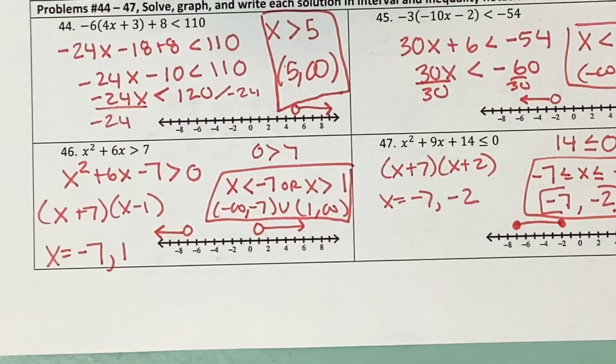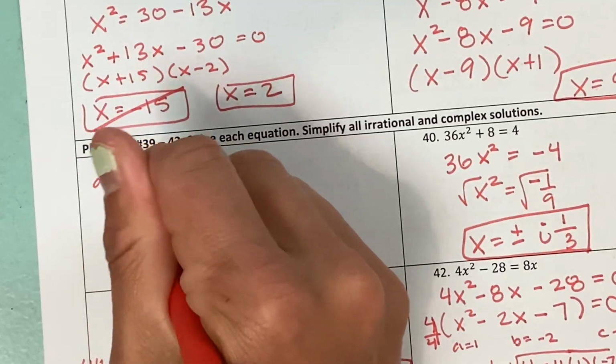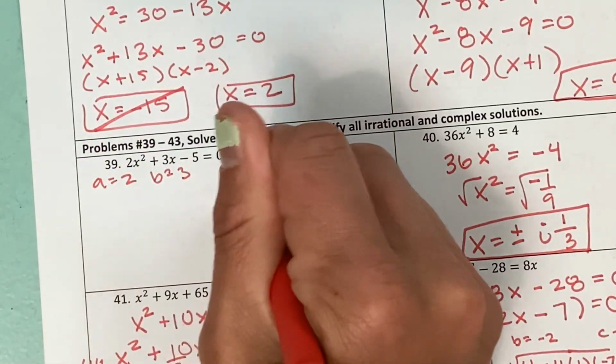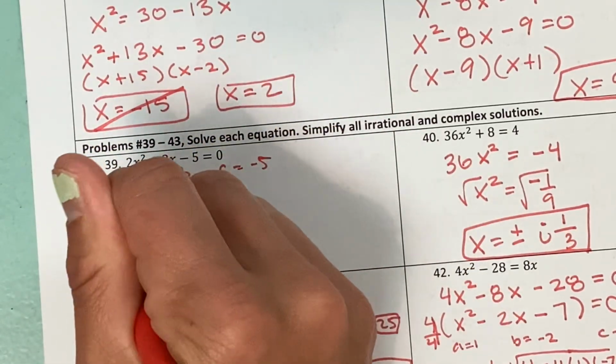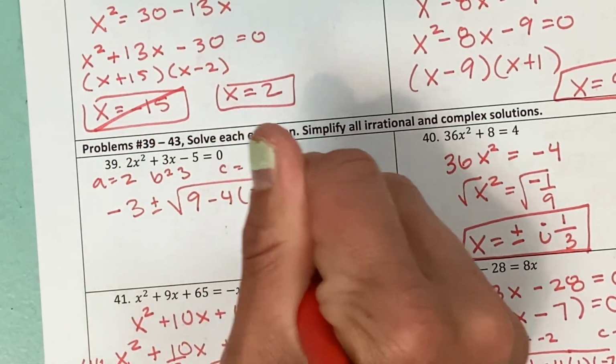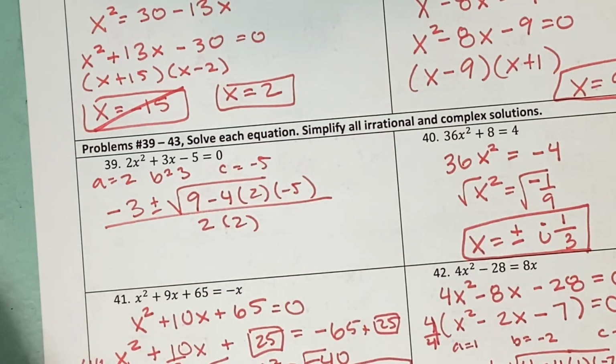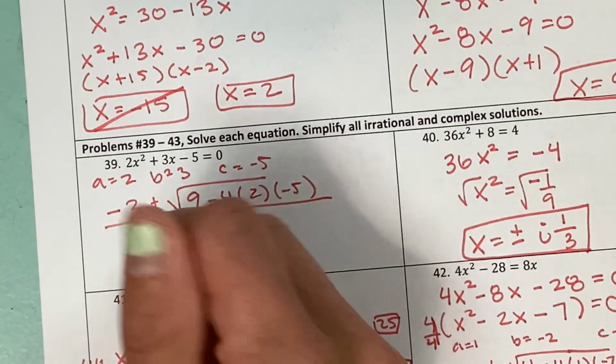Okay. Oh, this is the only one I didn't do. Okay, I'll do this one real fast. Back up to 39. A is 2, B is 3, C is -5. x equals -b plus or minus the square root, b squared minus 4 times a times c, all over 2 times a. 9 minus 4 times -5 times 2 is 49.